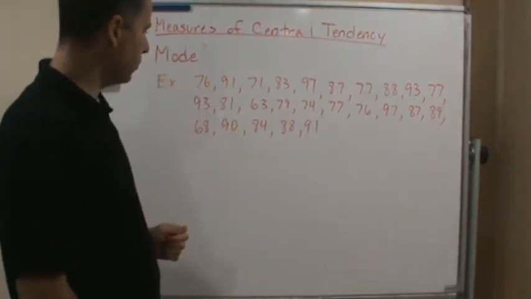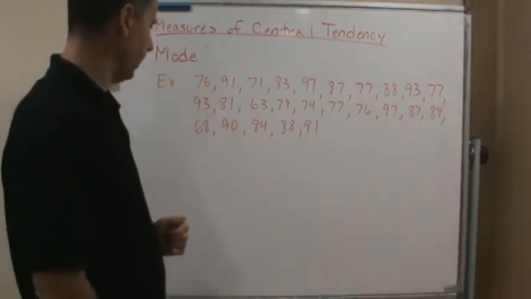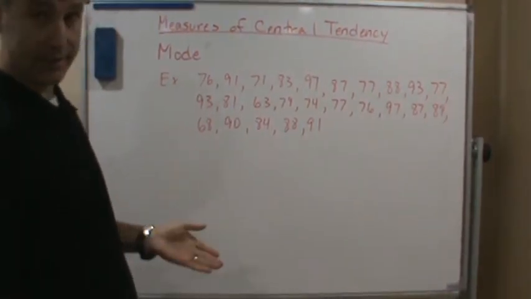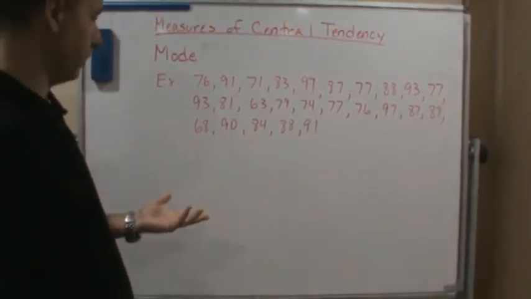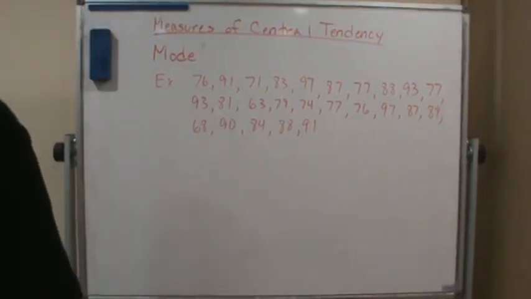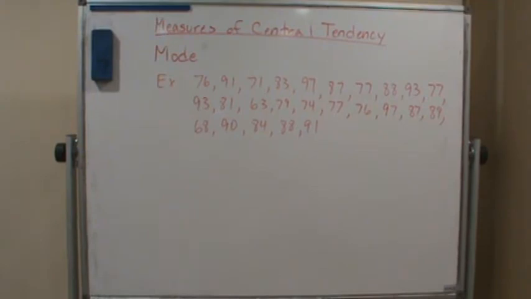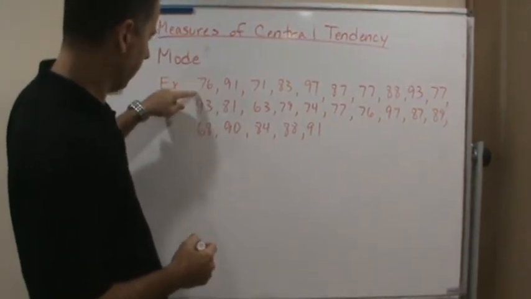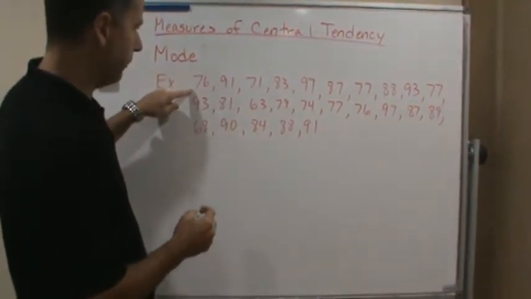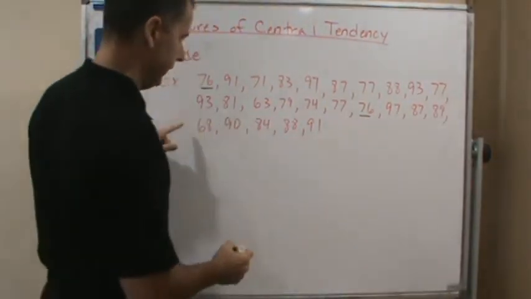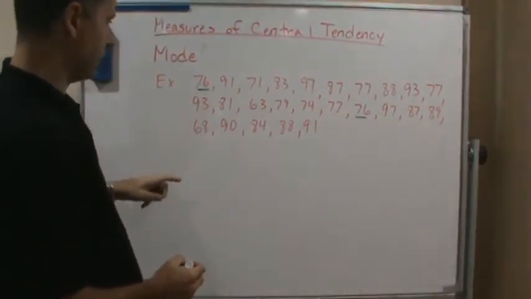So what we have to do is do this by inspection. Okay, so we look through the data set. Now the easiest way is to order this data from least to greatest. If we order the data from least to greatest, we can find the mode. Okay, so let's try to see if we can do this by inspection. Okay, so 76. We've got 76 here, here, and that's the only one.